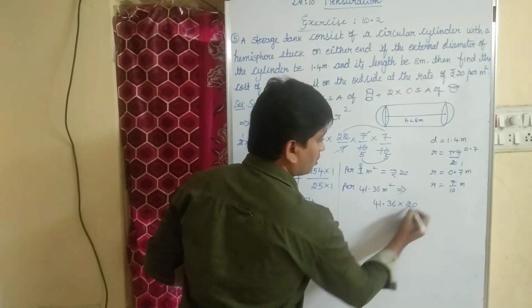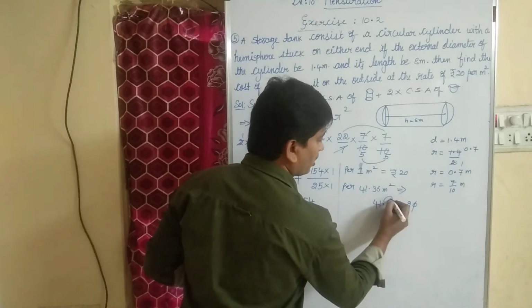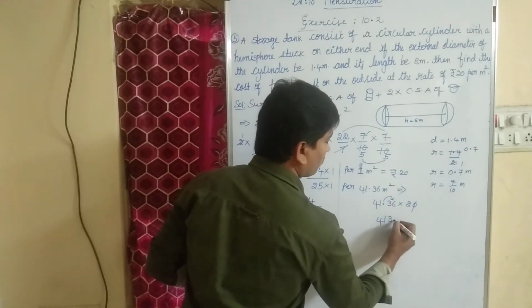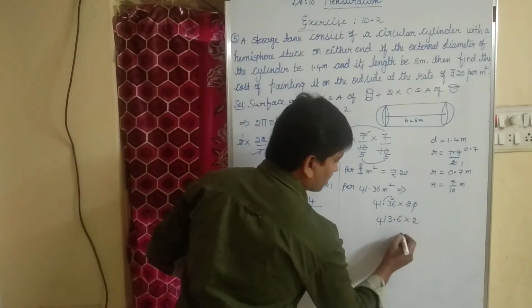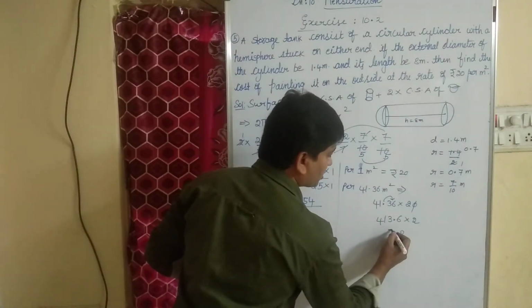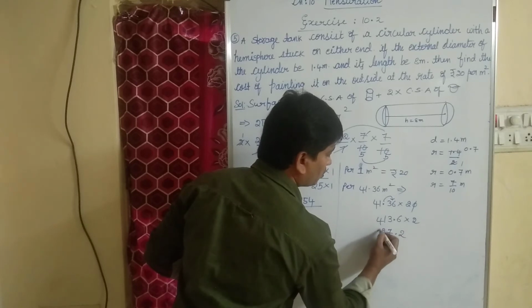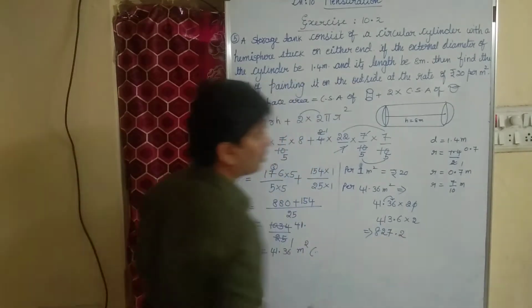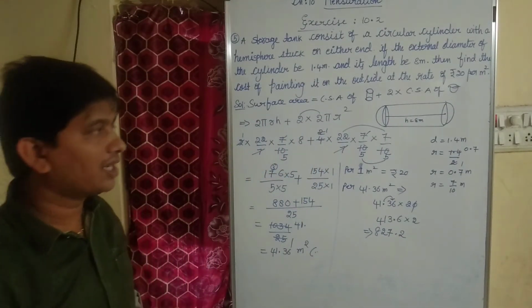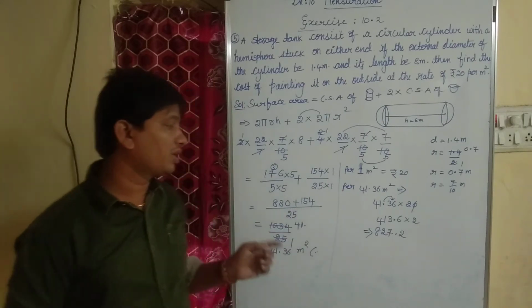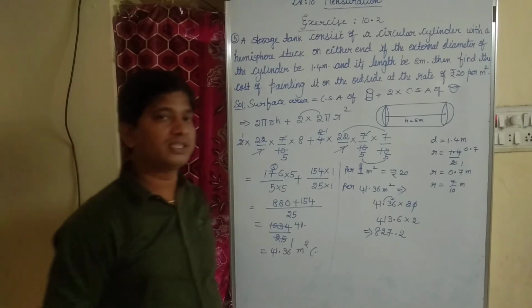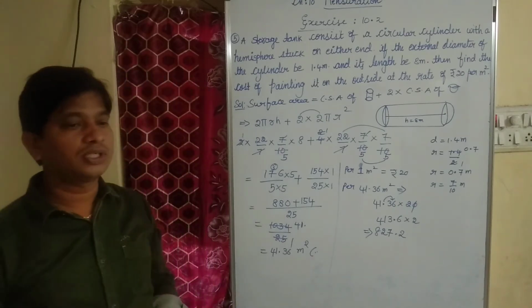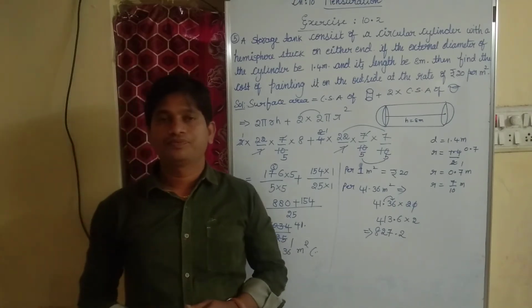This 0 you cancel, it becomes 413.6 into 2, which is 827.2. So the cost of painting it on the outside is rupees 827.2. Okay children, so this is our fifth problem.